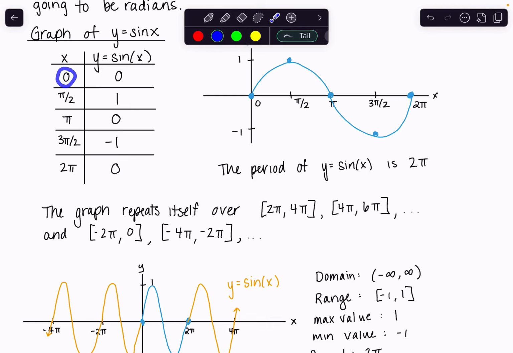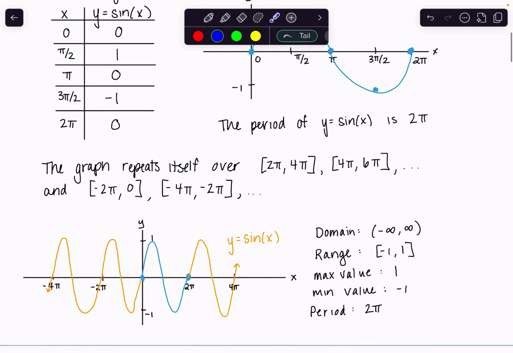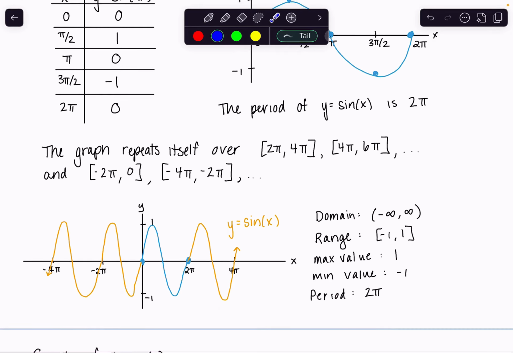So when your inside is a quadrantal angle, if you can figure out what x value makes the inside equal 0, pi over 2, pi, 3 pi over 2, and 2 pi, you can plot your full graph and you're good. And you can find your period that way. So we will talk about that in the near future.